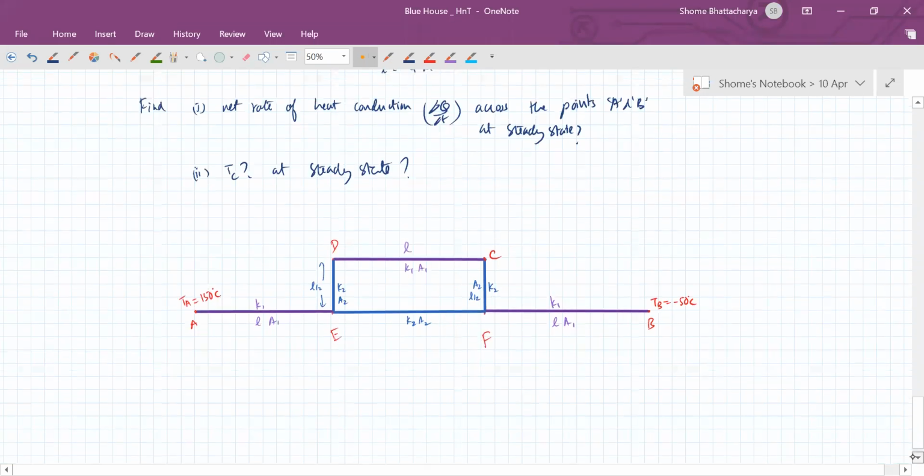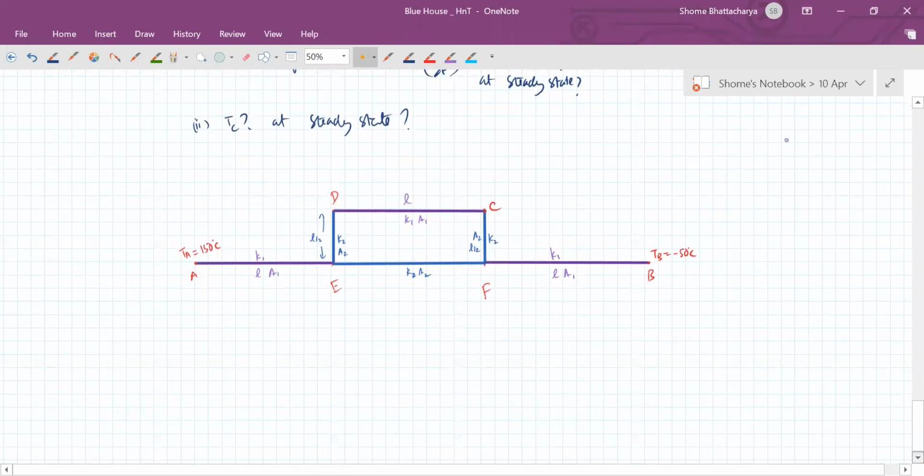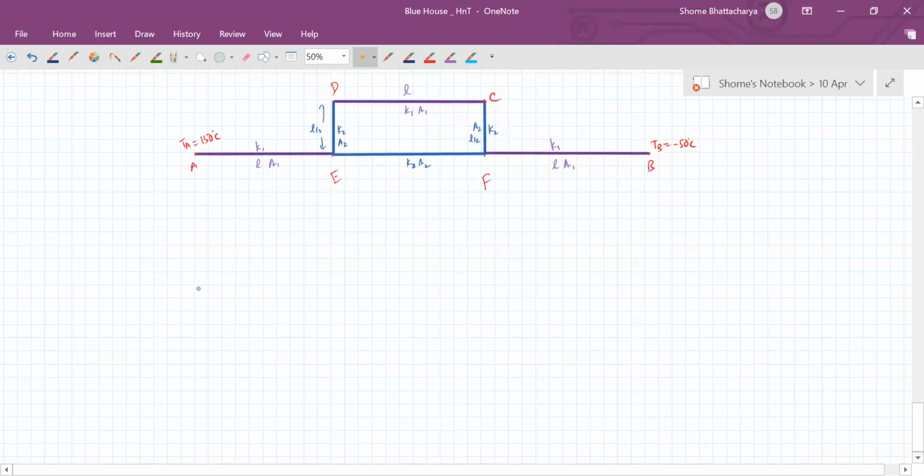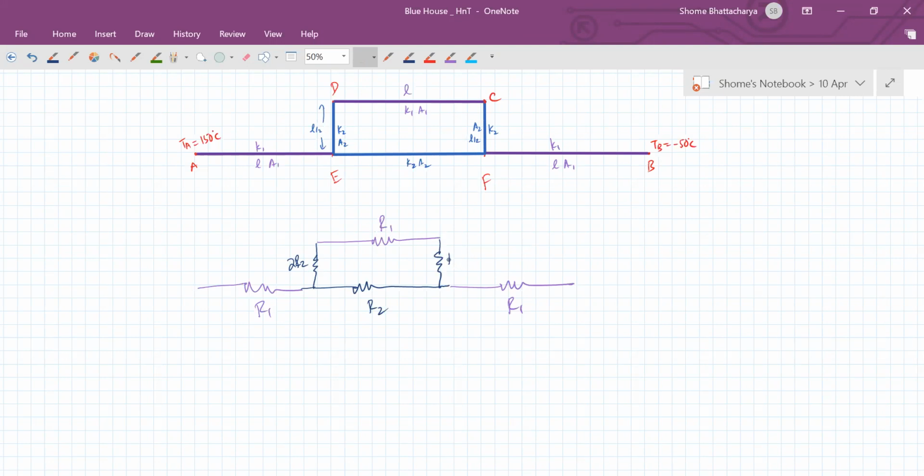Now, these three resistors are R1 and the other resistors are 2R2. So this is also 2R2. The length is half, so the resistance will become double.